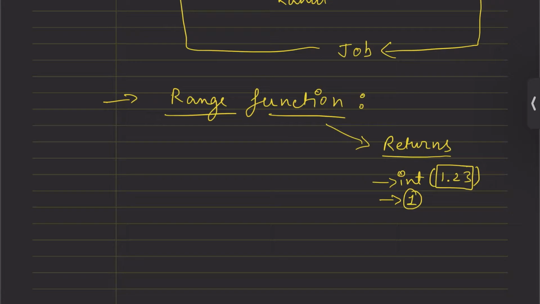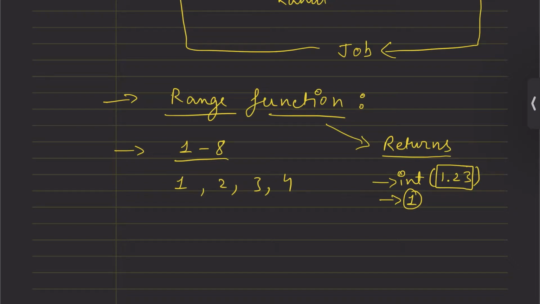Similarly, the range function, instead of returning a single number, returns a series of numbers. For example, if I want a range of 8 numbers, it will give me 1 to 8, right? So every range is in the form of a sequence. Let's take a range 1, 2, 3, 4.